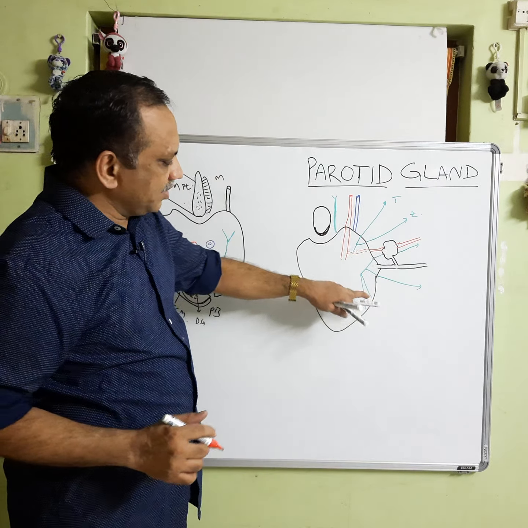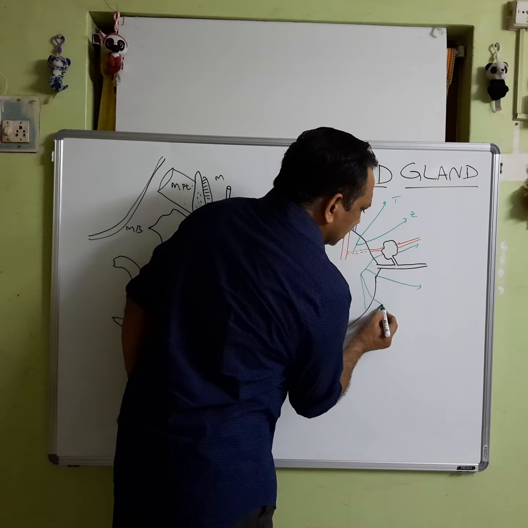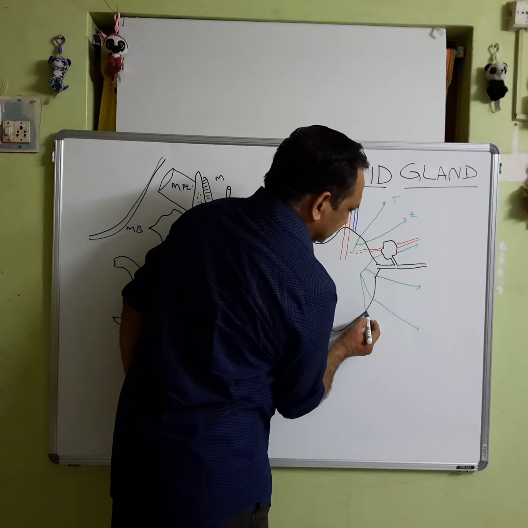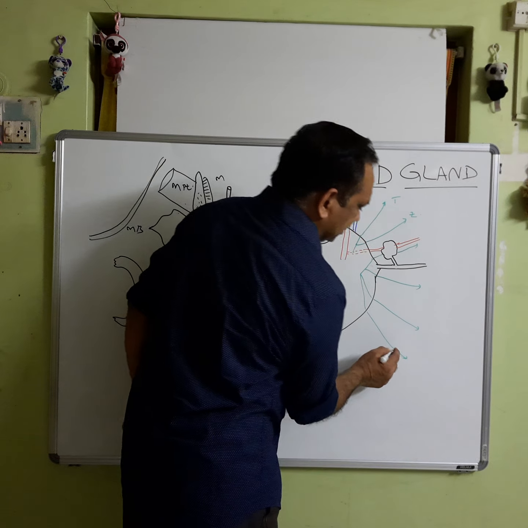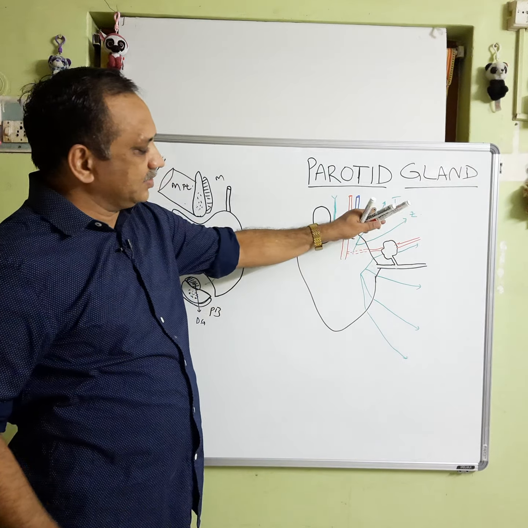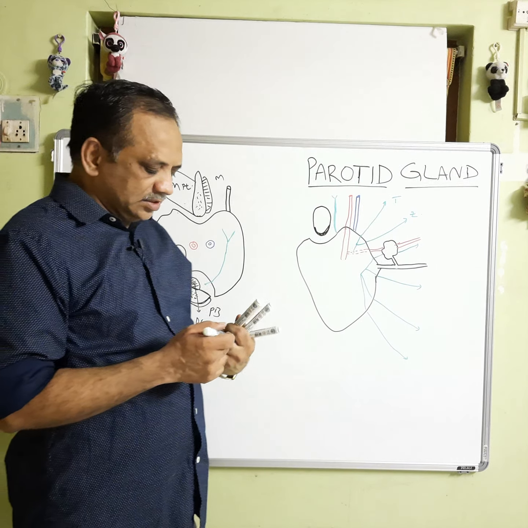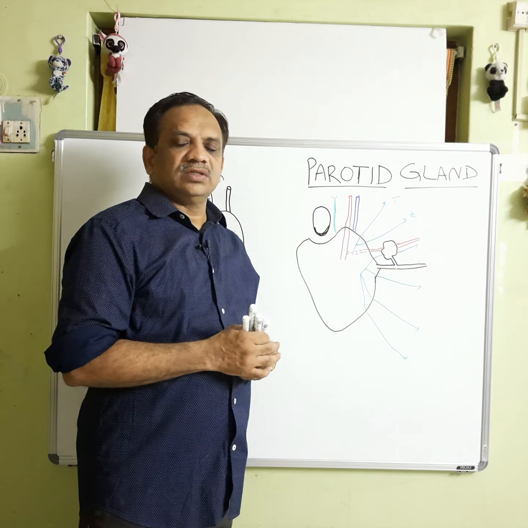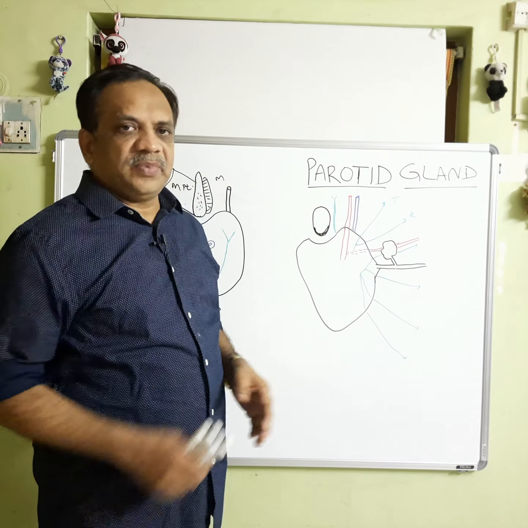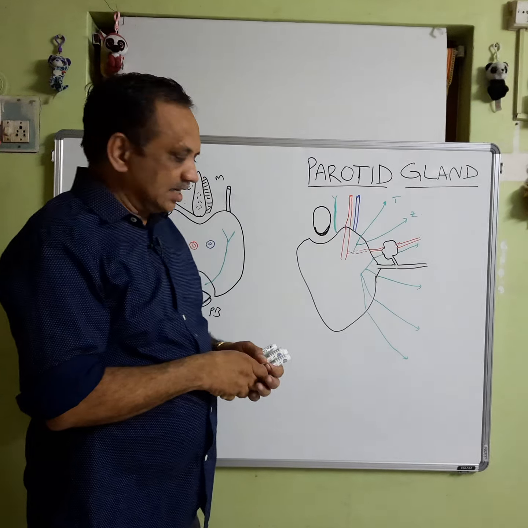Then coming down, we have here the marginal mandibular branch, then the cervical branch, which supplies the platysma muscle. So these are the 5 terminal branches of the facial nerve, which resemble the foot of a goose. That's why they are called pes anserinus. They spread like this.